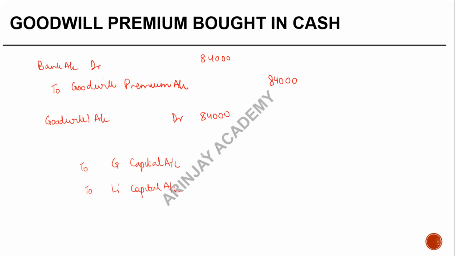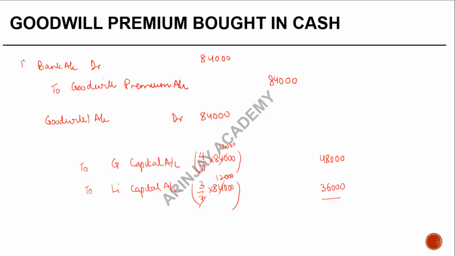How much would G get? He will get 4/7 of the goodwill which is brought in. This goes 12K, 12 into 4, 48,000, by which he's credited. How about Lee? He gets 3/7 of this amount, or simply 12,000 times 3, 36,000.